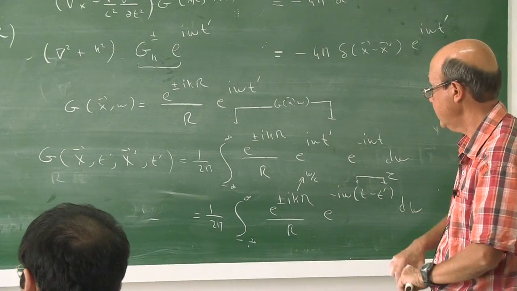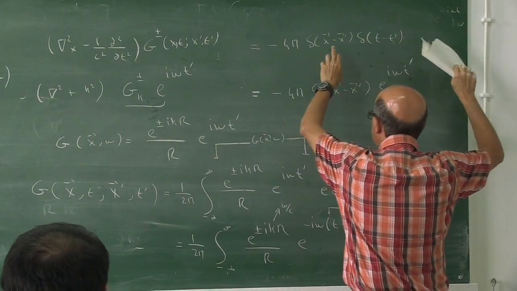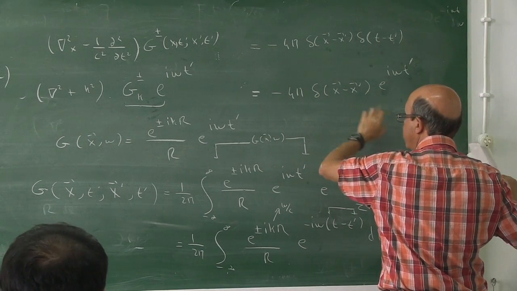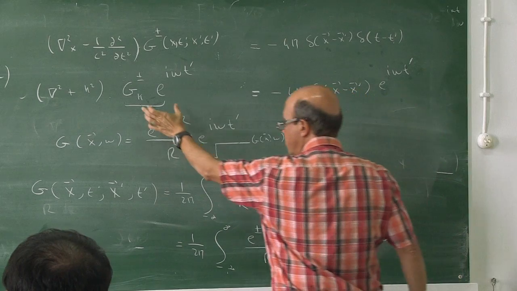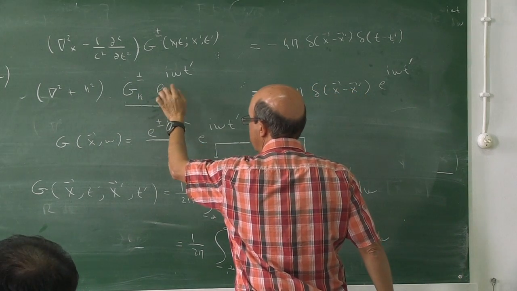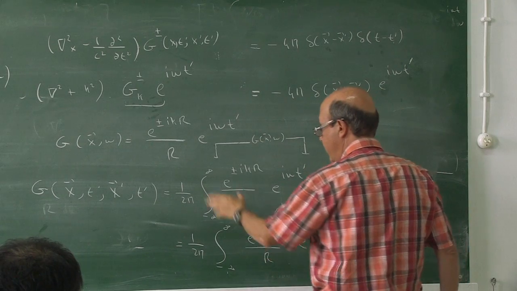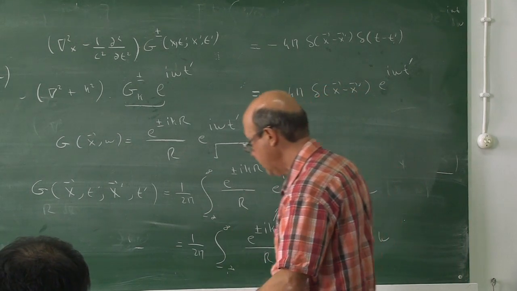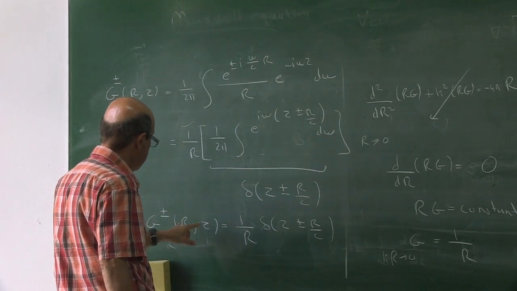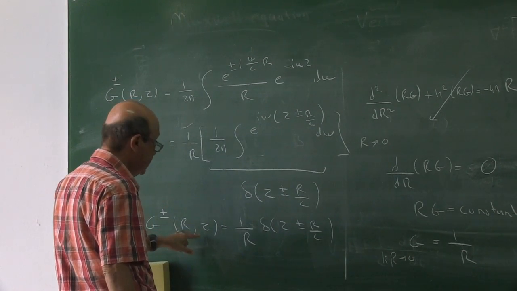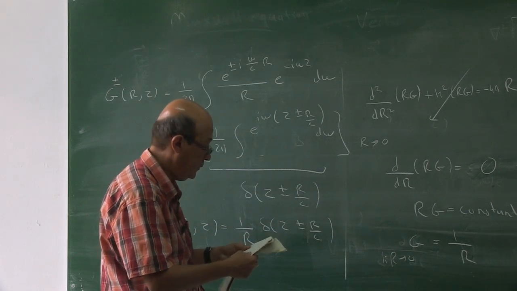So basically it is simple. We have the wave equation, and the source is in space and time. Take the Fourier transform, it introduces e to the i omega t. Therefore, your solution should introduce some i omega t prime. You know the time independent form, and take the Fourier transform and inverse Fourier transform, and find the Green's function in that form, and if you put the values, you will obtain the following.